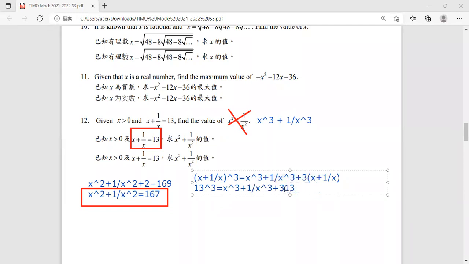It's 13. So the answer will be what? 266?